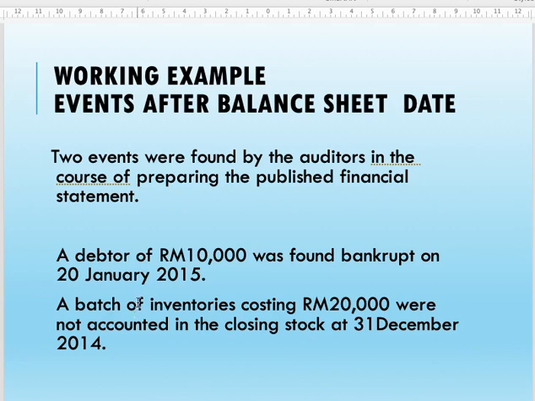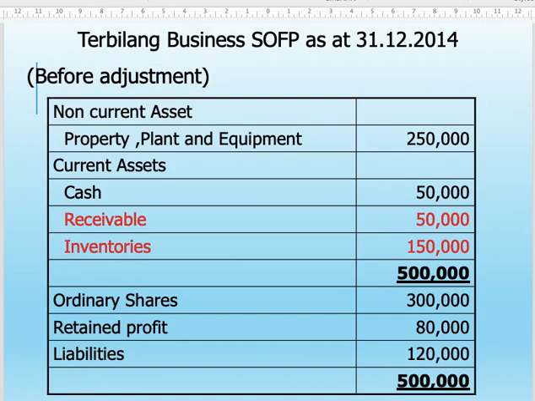After the closing date, 31st December 14, you identified that one of your debtors went bankrupt. So of course you have to adjust the trade receivable amount. And then you also find that inventories costing 20,000 were omitted. Of course you have to add them.